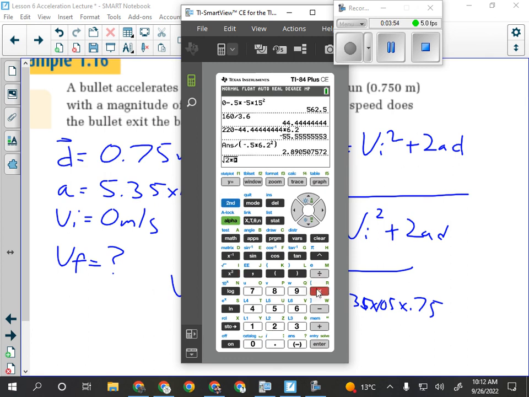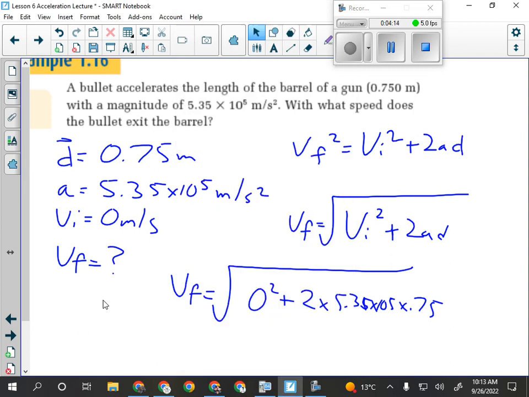I'm just going to go 2 times, and then in brackets 5.35 E5, there's my acceleration, times 0.75. I have 3 significant digits here, and so that's going to give me 896 meters per second.